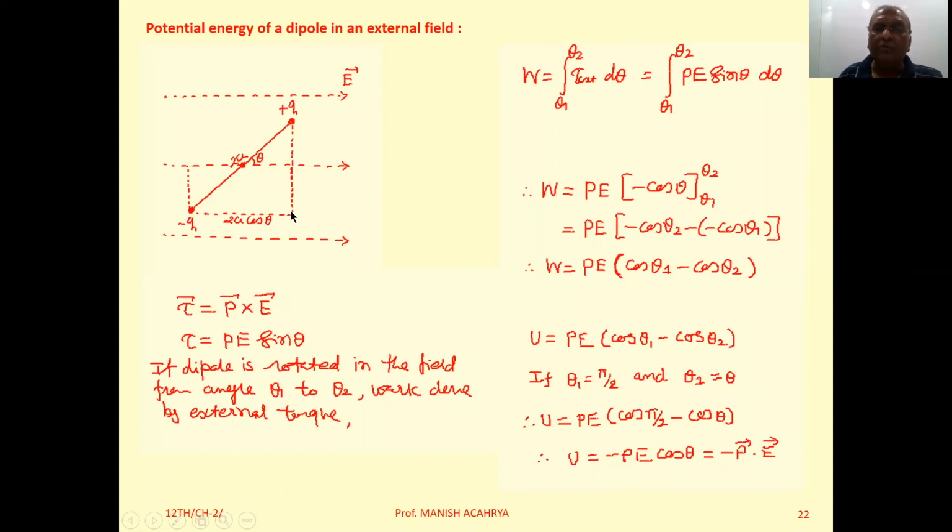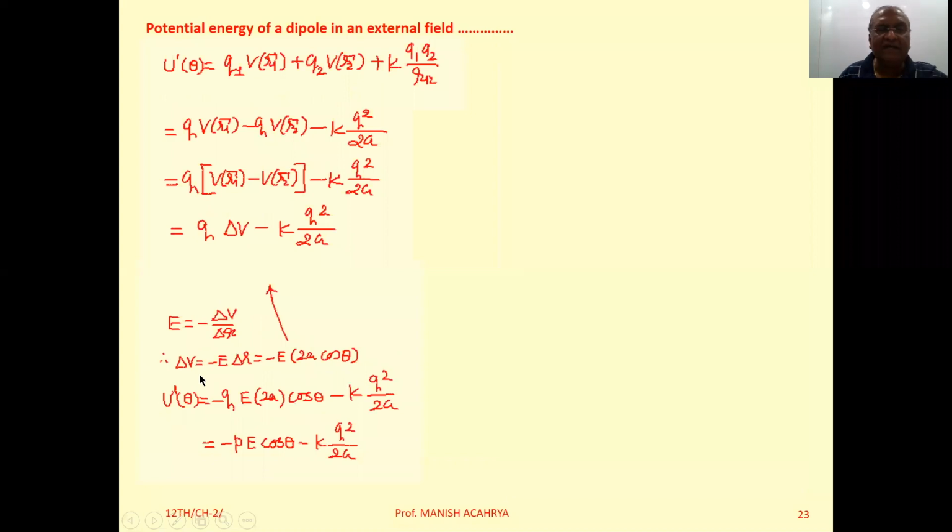So we will get the change in potential in the direction of the electric field for distance 2a cos theta. So we can write delta V equal to minus E into 2a cos theta.